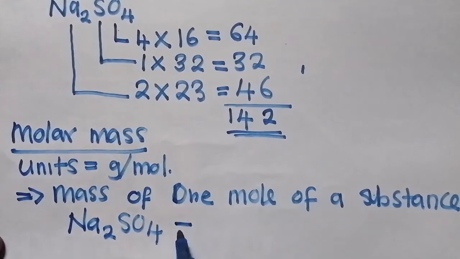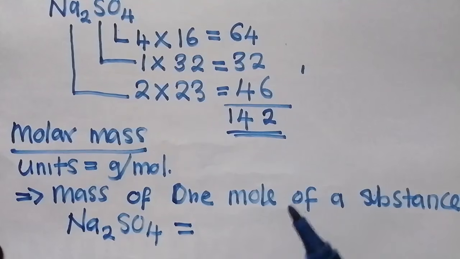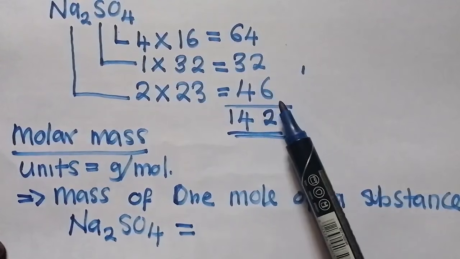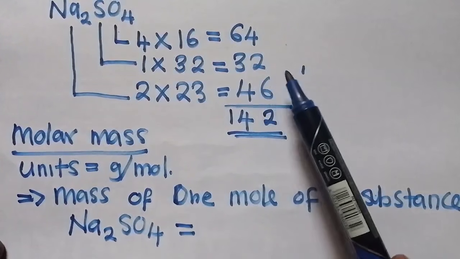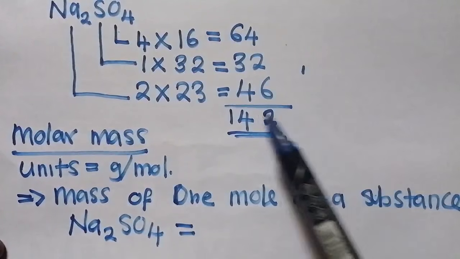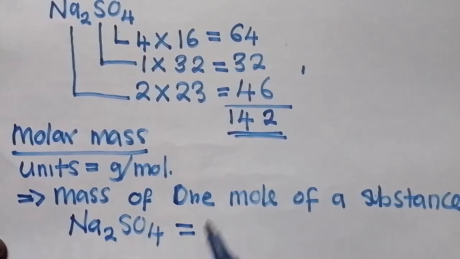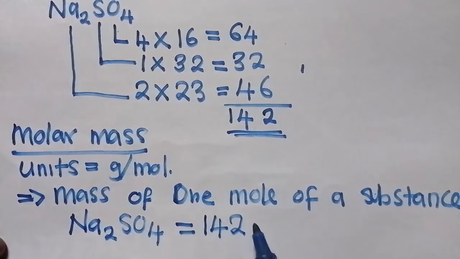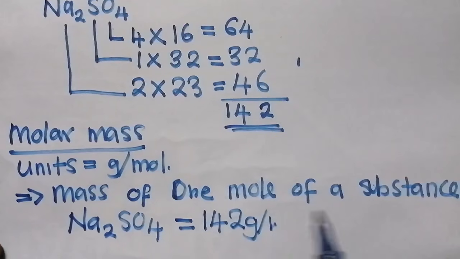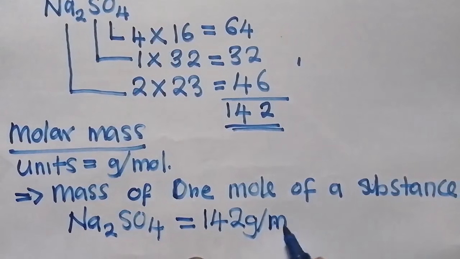When I'm told to find the molar mass, I'm going to do the same calculations, but since a relative molecular mass doesn't have units and this one has, I'm going to get the same value there. So it is going to be 142. Then I'm going to say grams per mole.